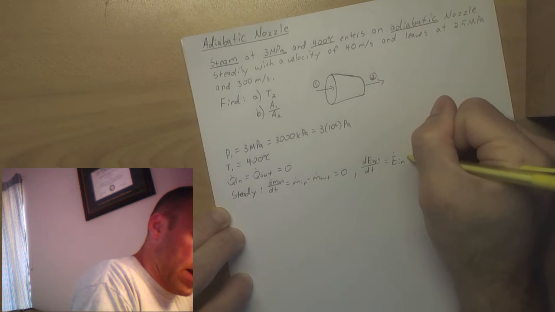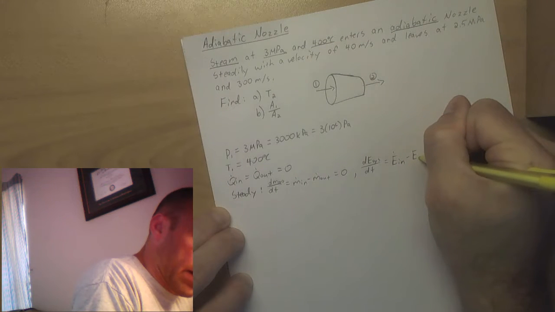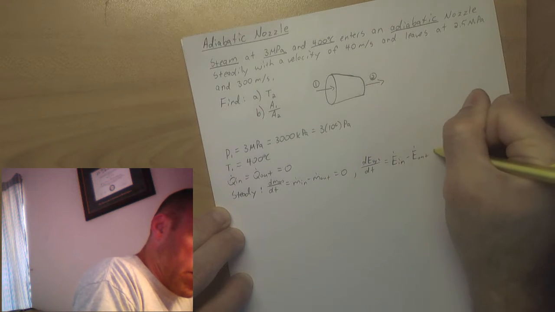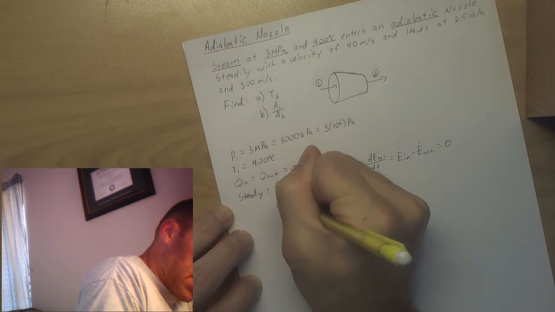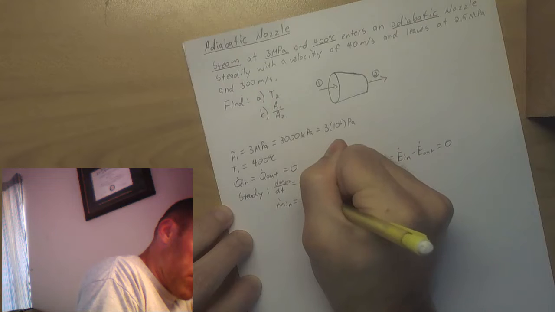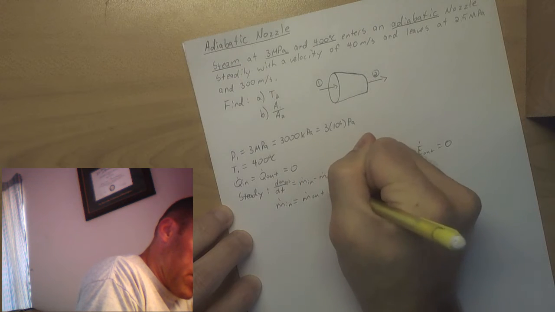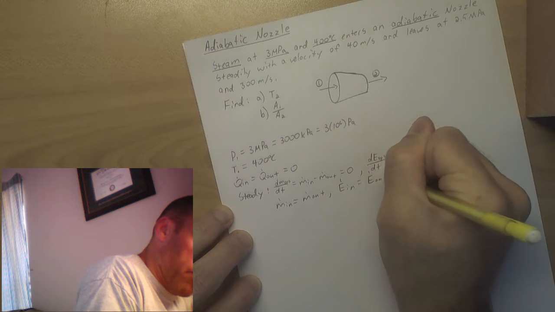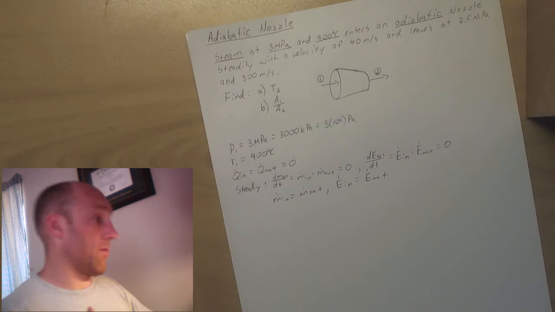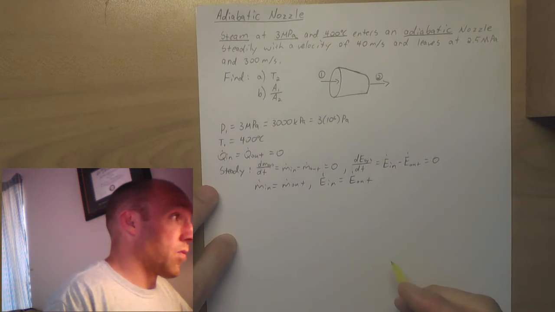So E dot in minus E dot out equals 0. So M dot in equals M dot out, and E dot in equals E dot out. So steady.